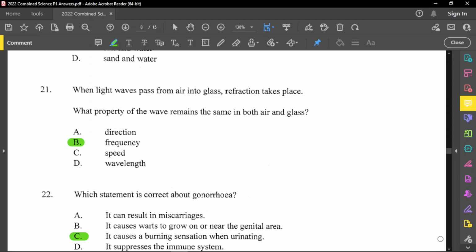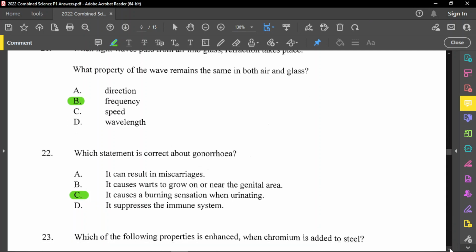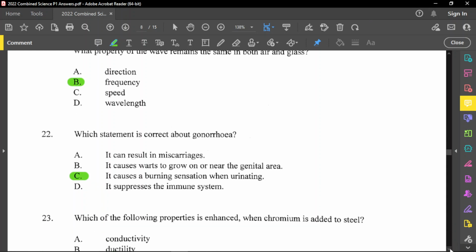All right, so question number 22 is which statement is correct about gonorrhea, which is an STD. Of course, almost all STDs can lead to miscarriage, but that's not the direct effect anyway. It depends on the severity of the disease. It can cause warts growing near the genital area.